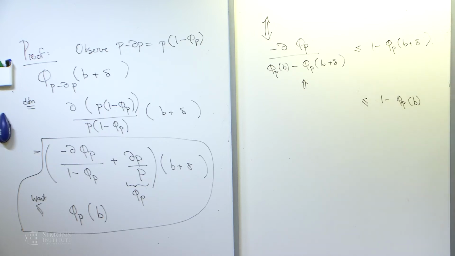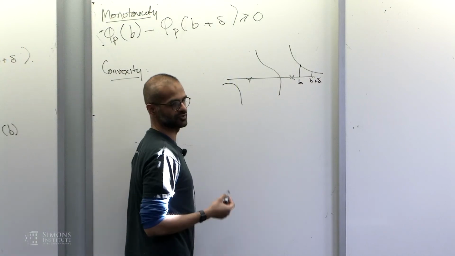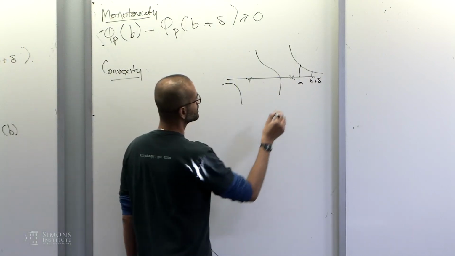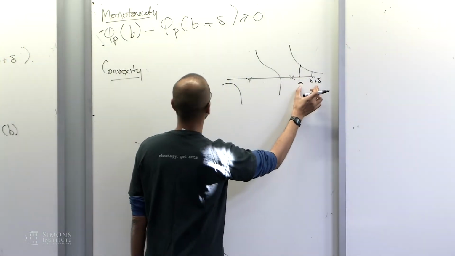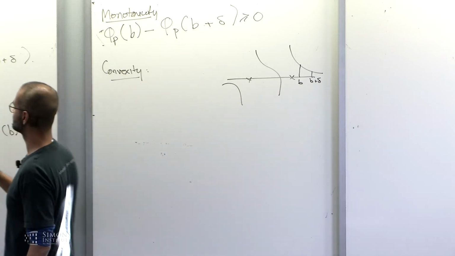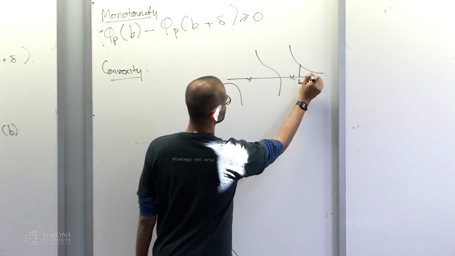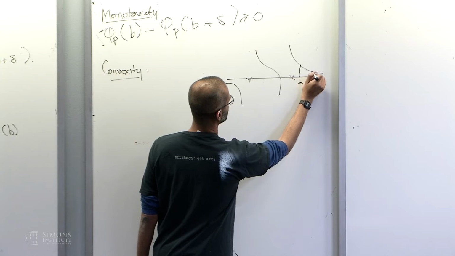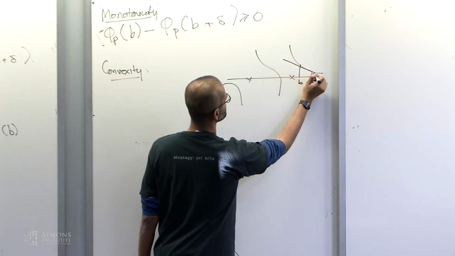This function is also convex above the largest root. It's not just monotone, it's also convex. That means that if I care about this difference, which is what appears in the denominator here, it's going to be at most what I would get if I took the linear approximation with this tangent.